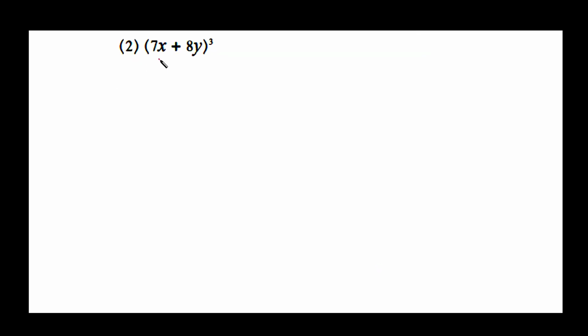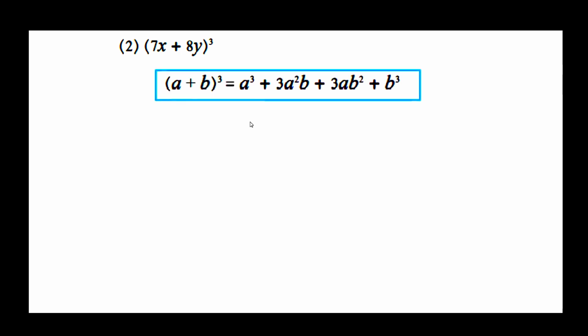Example number 2. (7x plus 8y) bracket cube, or cube of 7x plus 8y. Use this formula. (a plus b) bracket cube, or cube of a plus b, is equal to cube of a plus thrice a square b plus thrice ab square plus b cube. Putting a is equal to 7x and b is equal to 8y.